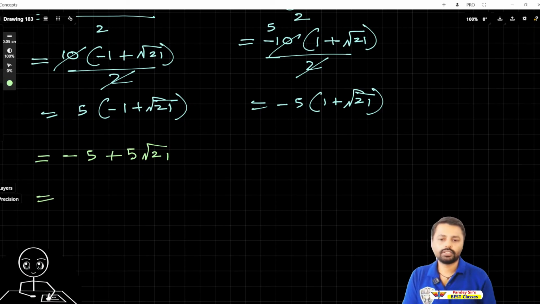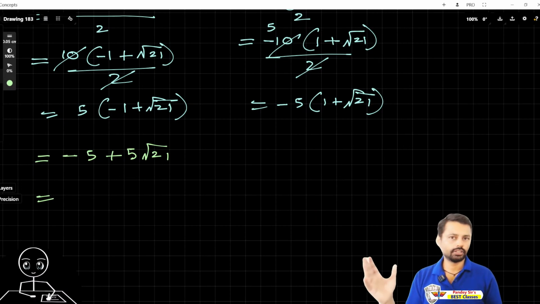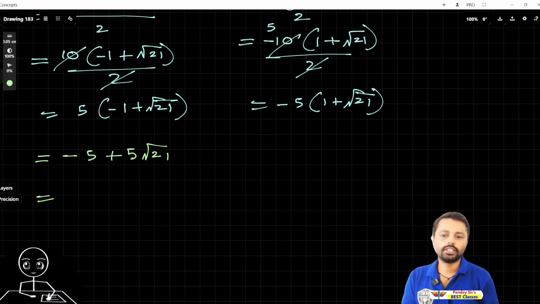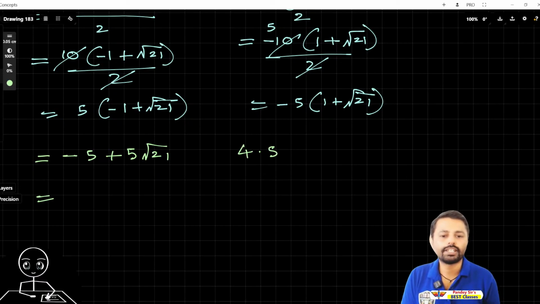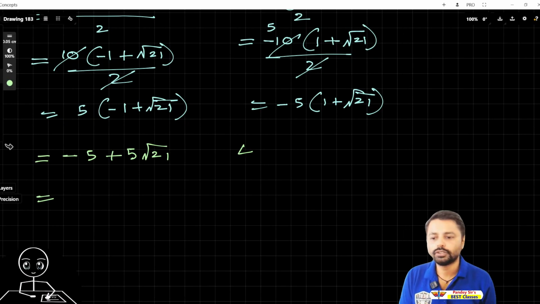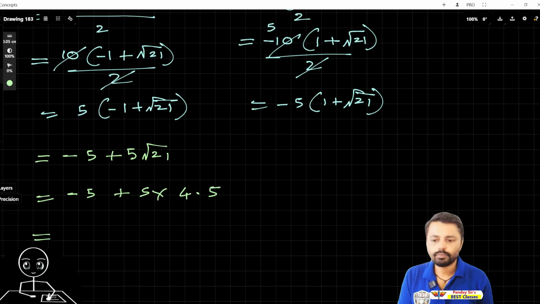The root of 16 is 4 and the root of 25 is 5, so root 21 will be approximately 4.5. So minus 5 plus 5 into 4.5. 5 fives are 25, so 5 into 4.5 is 22.5.